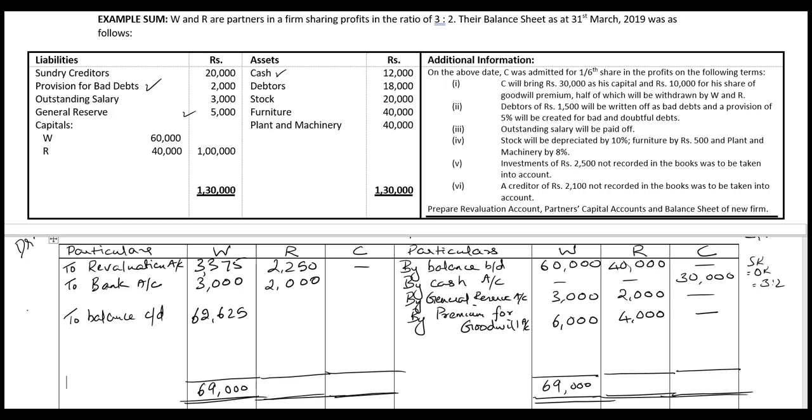Let's do the same thing for R. Greater total 46,000 minus 4,250 rupees, which is 41,750 rupees. The balance carried down for the new partner C is 30,000 rupees.